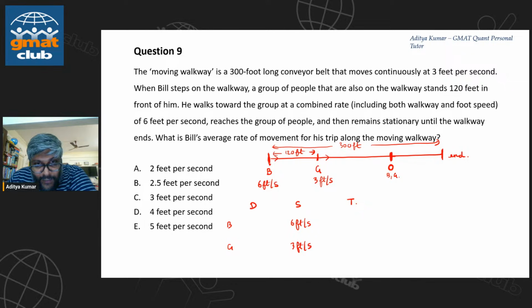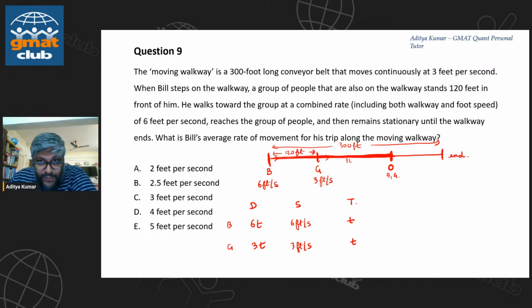The time Bill takes to reach this meeting point O will be the same as the time the group takes to reach O. So I can keep the time as constant, T. The distance traveled by Bill, this entire distance, should be 6T, and the distance traveled by the group should be 3T.